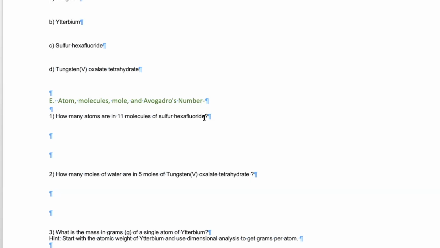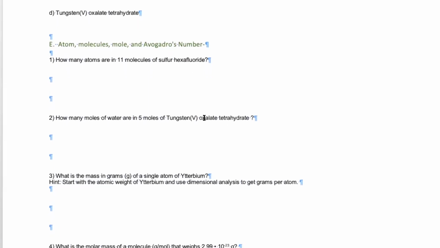That's what this question is. 11 molecules of sulfur hexafluoride. First, get the formula of sulfur hexafluoride. How many atoms total in 1? How many would there be in 11? It's not hard if you understand the problem, okay? So don't make it harder. A lot of times you guys will make it harder than it is. This one's simply asking, if you've got 11 of these sulfur hexafluoride, how many total atoms?